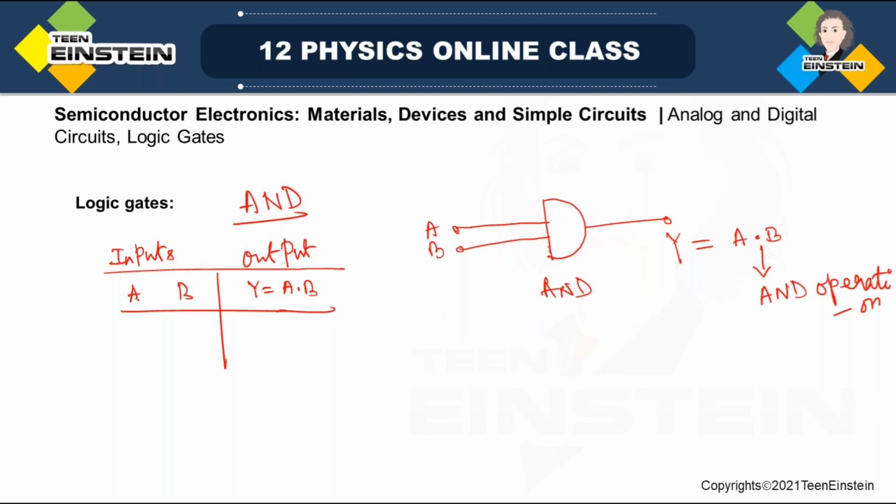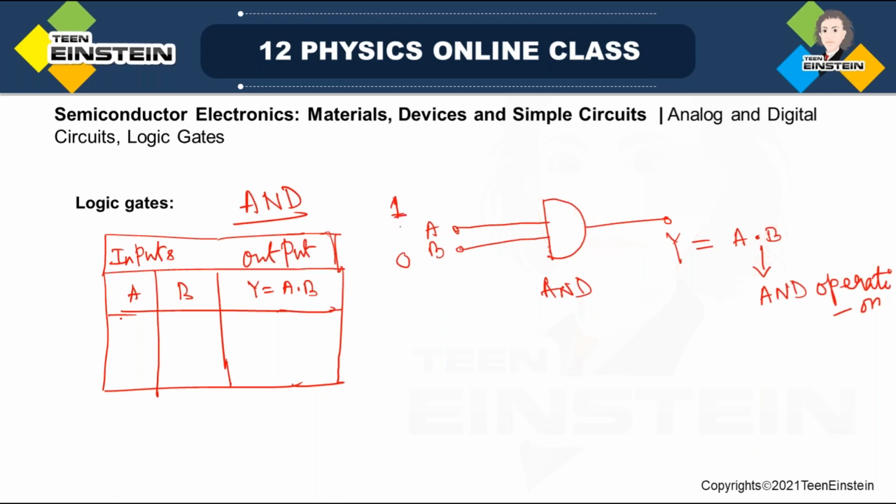It may have many inputs, but only one output you will get in case of any logic circuit. Output will be only one. Suppose this is A and B. So A can be either at high state, high state meaning 1, and low state meaning 0. Let us say both are 0, both are at low state.